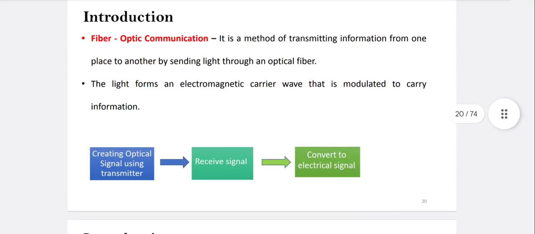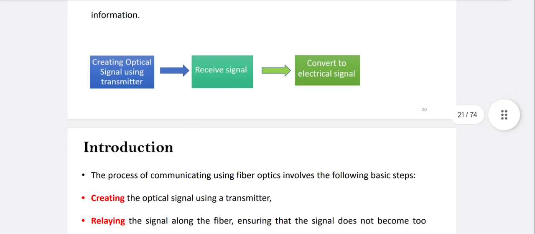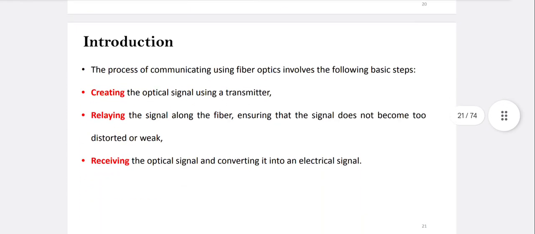As I discussed already, fiber optic communication is a method of transmitting information from one place to another by sending light through the optical fiber cable. This process consists of 3 steps: creating, relaying and receiving. Creating means we create the signal using the transmitter.